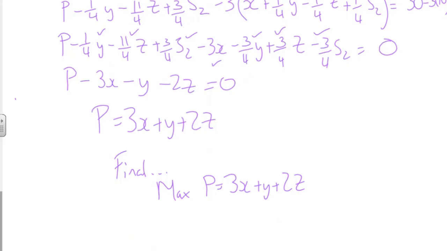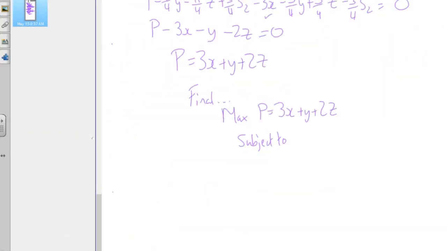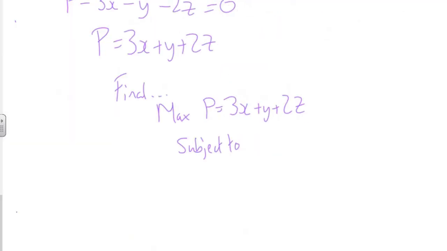My row 1. So row one was 2X plus Z less than or equal to 50.